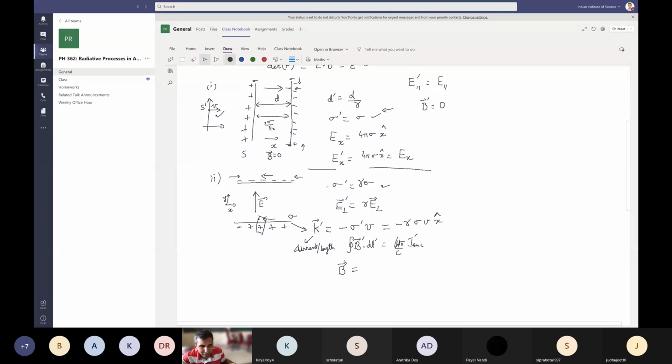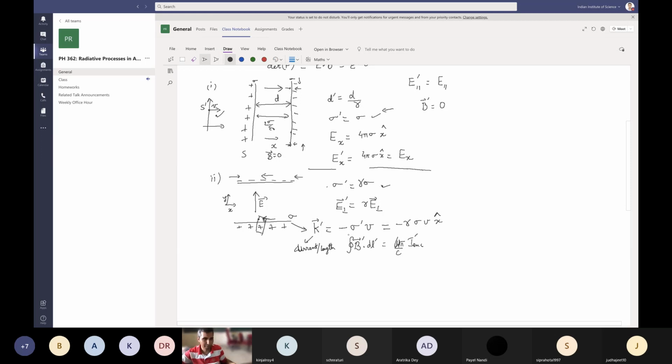So B times, this is perpendicular to the direction of motion. Let me forget about the magnitude. Since the current is going in the minus x direction, I know that there will be a magnetic field in the z direction, right?